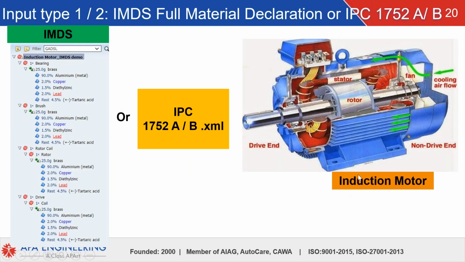Let me start with an example of an induction motor, which has components such as drive and rotor, starter, and brush assembly. In this particular example, there is lead, which is an SVHC. This is an IMDS screenshot, and the same data is also available in IPC1752, which can be given directly as an input to our software.